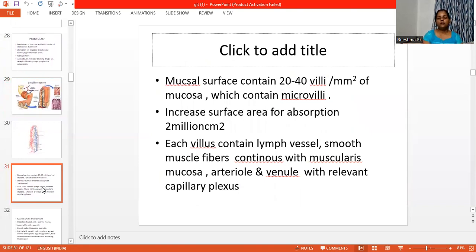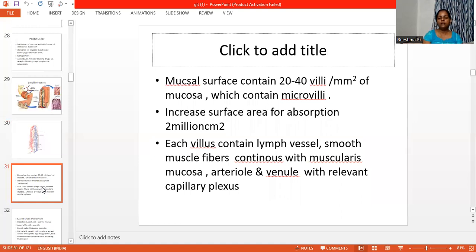So a brief introduction to the functional anatomy of the small intestine. It contains a mucosal surface. The mucosal surface contains 20 to 40 villi per millimeter square of mucosa.